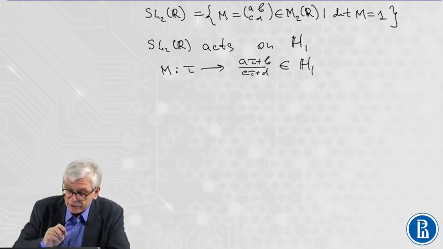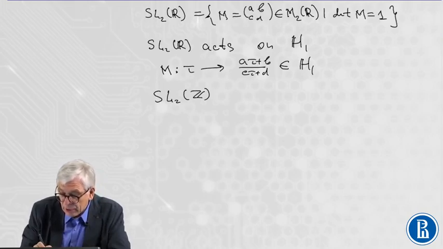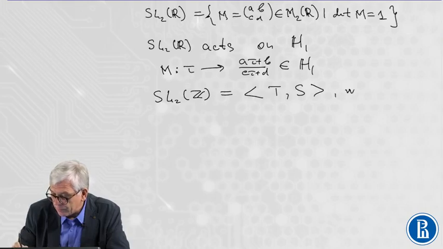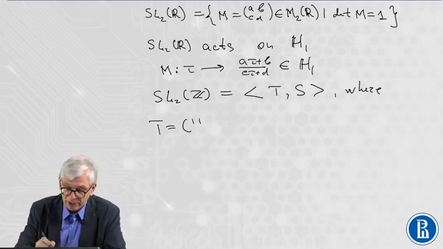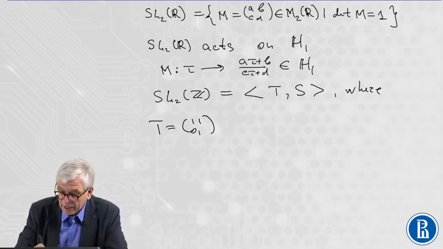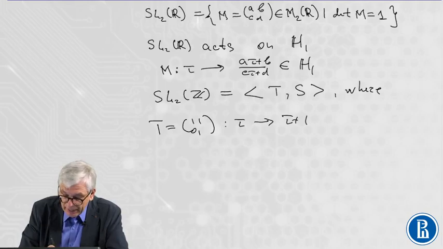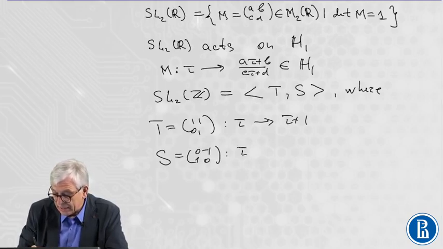And the integral special linear group is generated by two elements, T and S, where T is the so-called translation, and T transforms tau into tau plus 1, and S, the involution, sends tau to -1/tau.